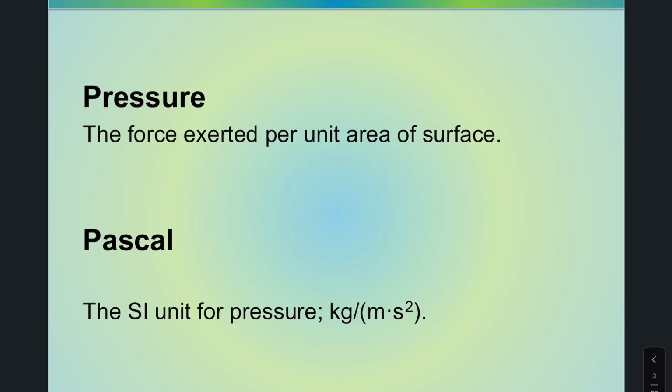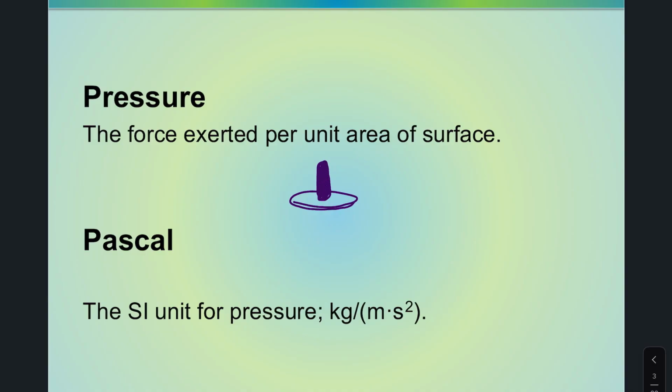Okay, so when we're talking about pressure, this is how we're going to be calculating it, and we can do this with SI units. Let's say that we have a surface and we have some kind of object sitting on it.